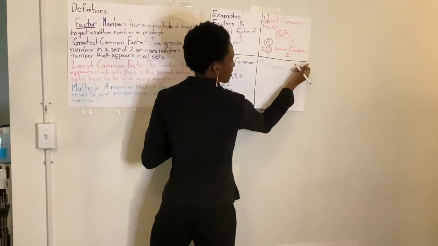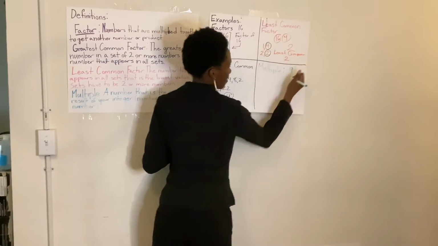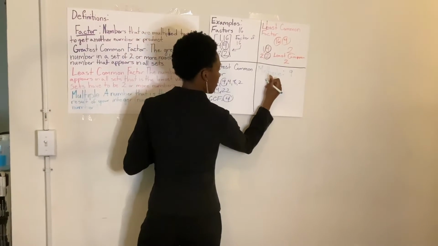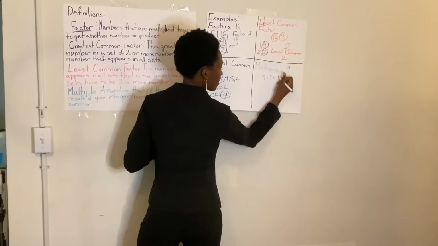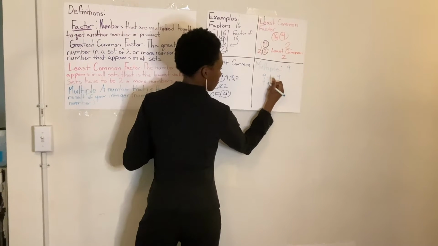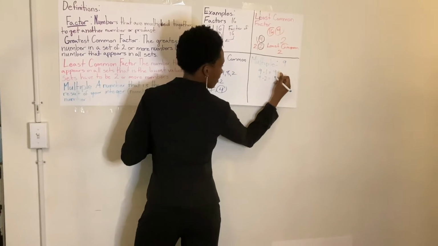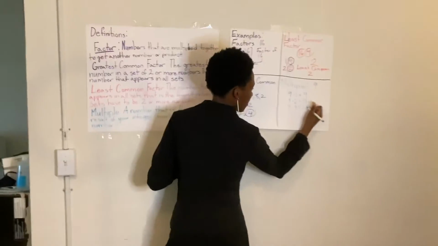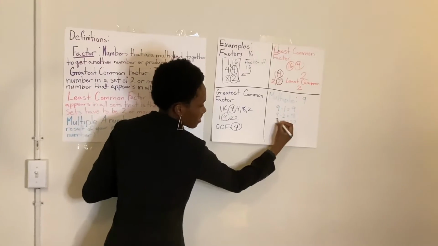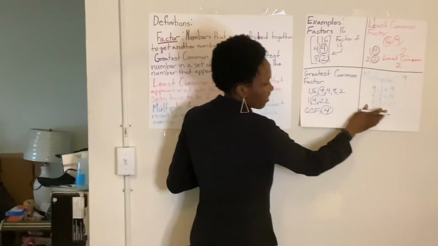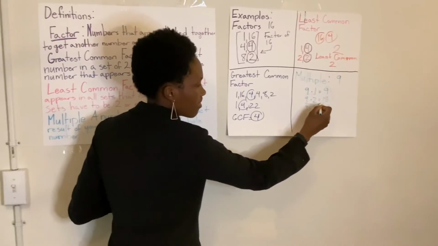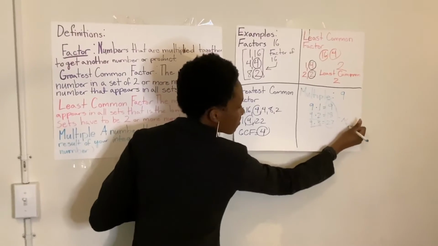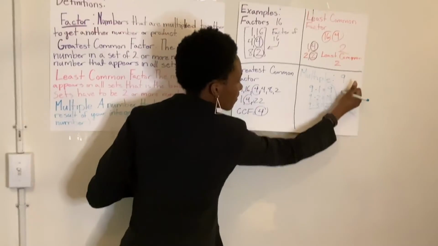If you have a number, say 9, multiples of 9 would be 9 times 1 is 9. 9 times 2 is 18. 9 times 3 is 27. So rather than looking at this, multiples are looking at this. These are all multiples of 9.